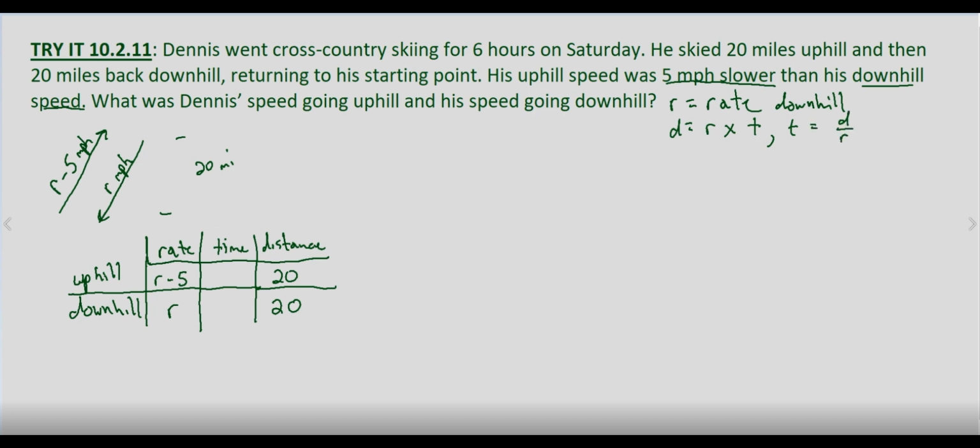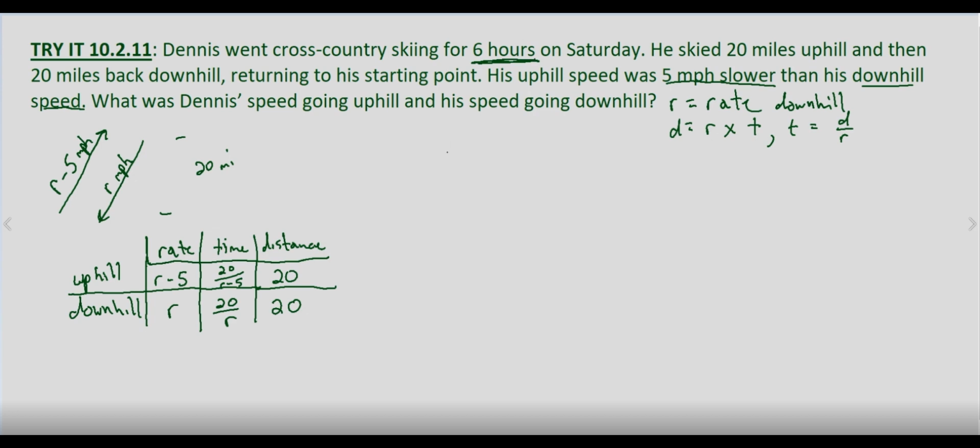So if we put that into our chart, our time is 20 over R minus 5 and 20 over R. So now again we have distance equals rate times time. But what else are we given in the problem? We're told that he went cross-country skiing for 6 hours. So we know that the total time is 6 hours.